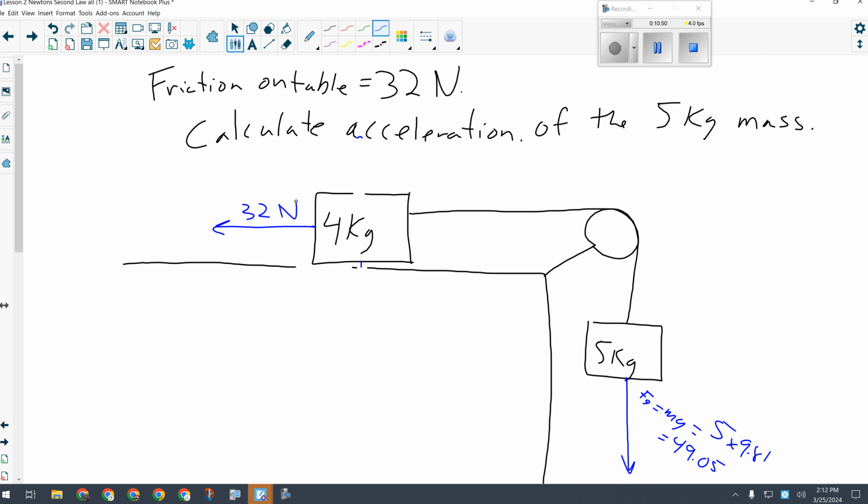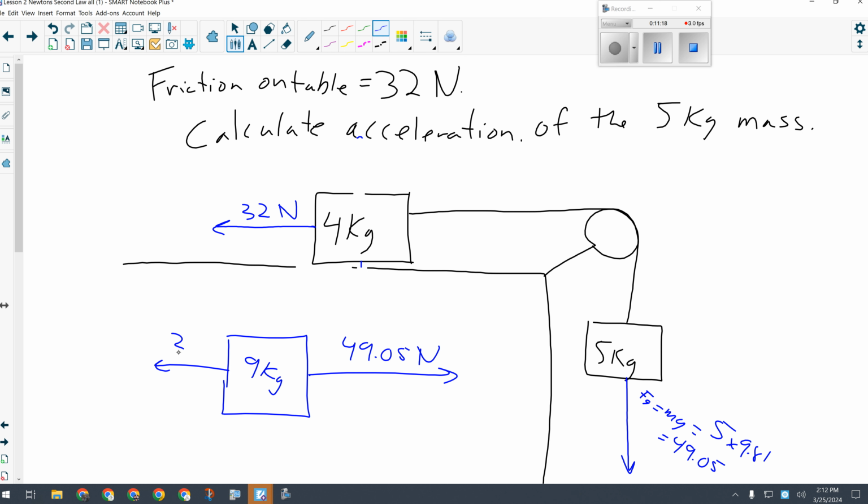Those are the only forces that matter? Yeah, I mean, there's a force of gravity and a normal force on the 4 kilogram mass, but they offset each other, so I don't need to worry about them. For right now, those are the two forces that are going to propel the system. So I'm going to simplify my diagram down to this: 9 kilograms worth of mass being pulled this way by 49.05 newtons and this way by 32 newtons.